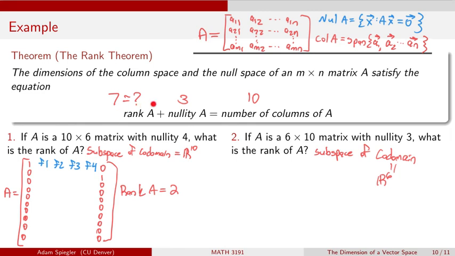So over here, according to this equation, we're saying that the rank of matrix A is 7, but this is impossible because the rank of the matrix in this case would be at most 6. So therefore, there is no such 6 by 10 matrix A that has nullity 3. That would be impossible.